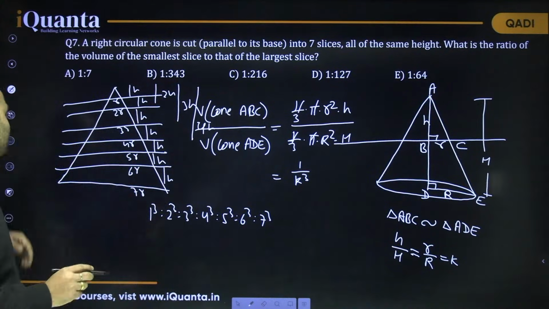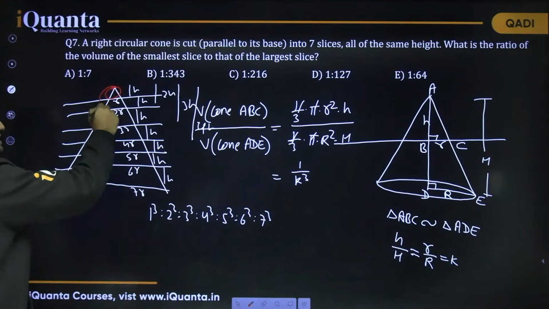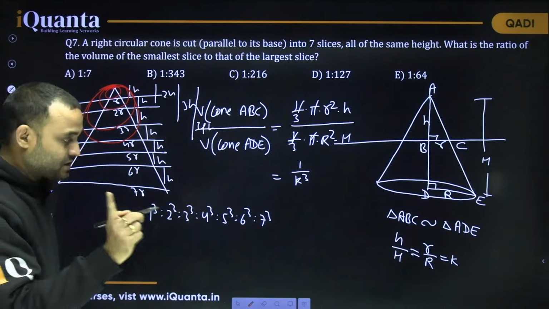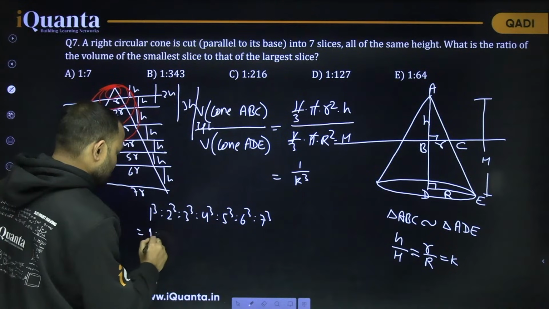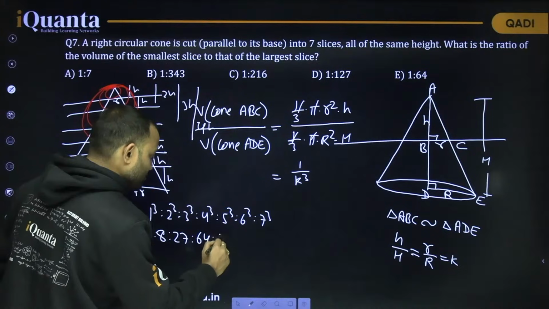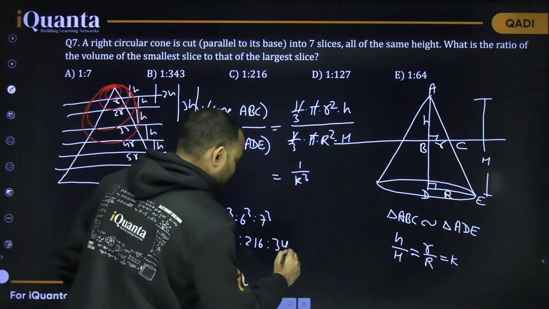We are talking about this ratio with respect to the smallest cone, then this cone, then this one, like this. This will be equal to 1:8:27:64:125, then 216 and 343.